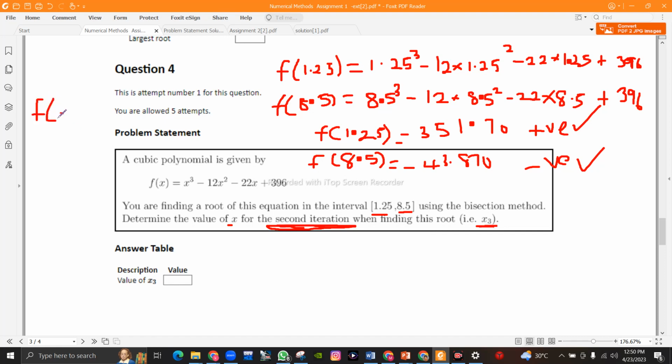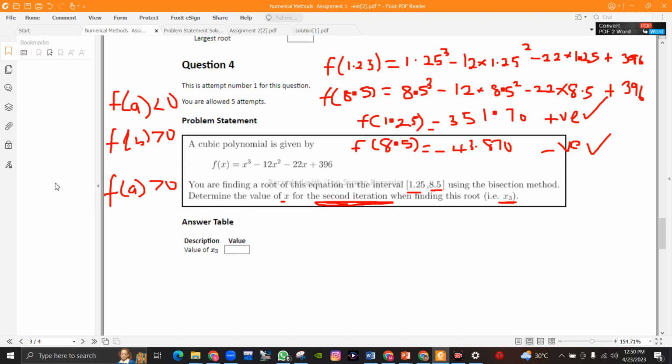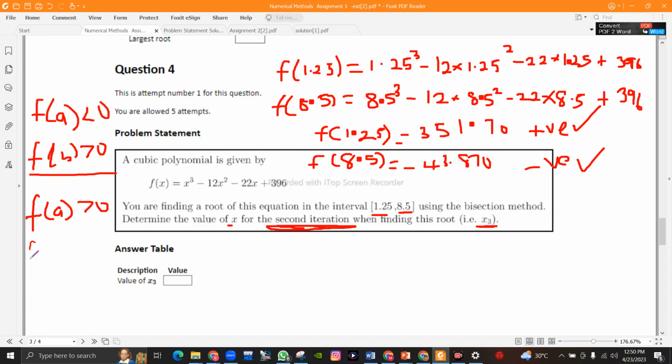If f of A is less than 0, then f of B should be greater than 0. Or if f of A is greater than 0, then f of B should be less than 0. That's the rule. So one is positive and one is negative, and we can apply our bisection.